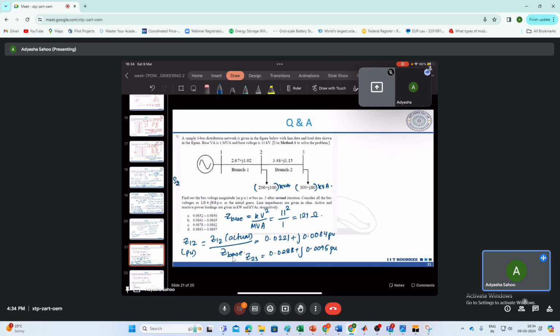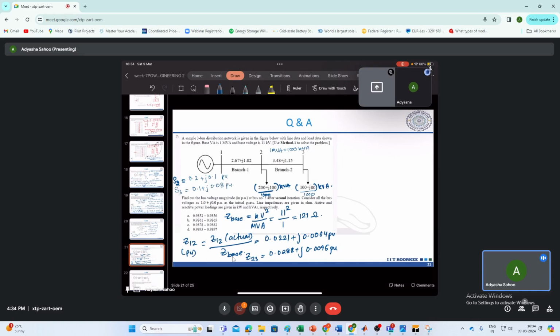So you get S2 in per unit as this divided by the base. 1 MVA is 1000 kVA. Dividing this by 1000, I get 0.2 plus j 0.1. S3 as 0.1 plus j 0.08 per unit.